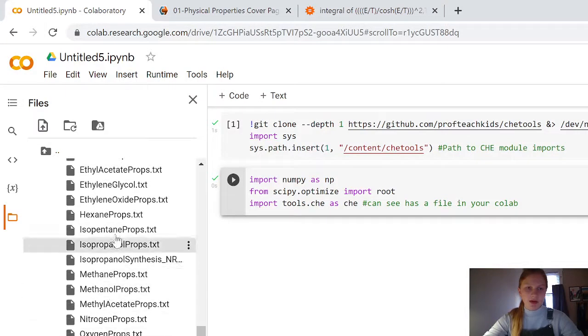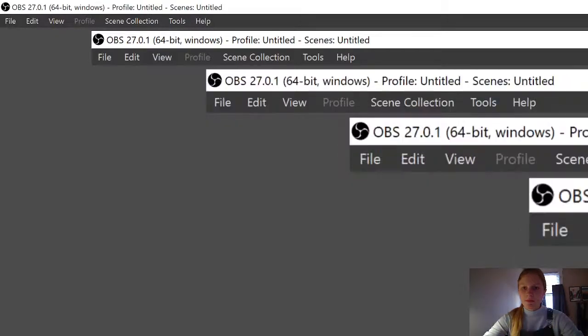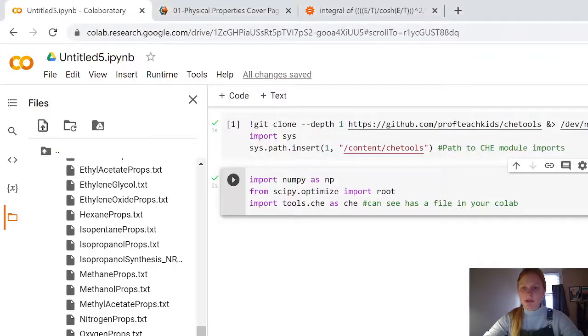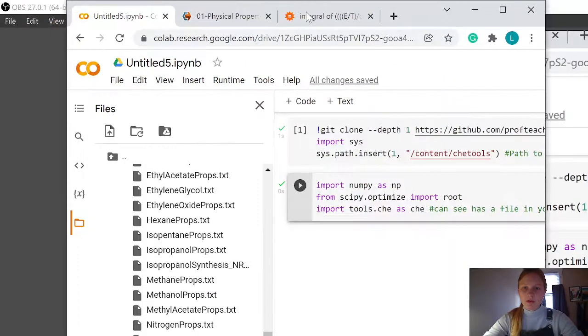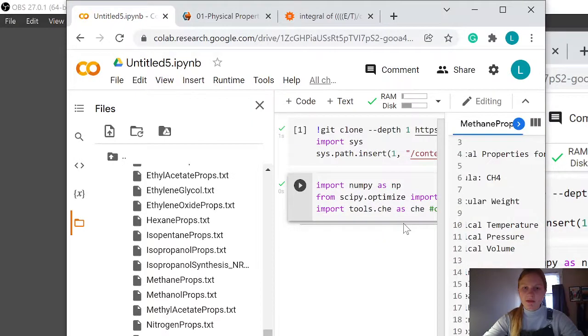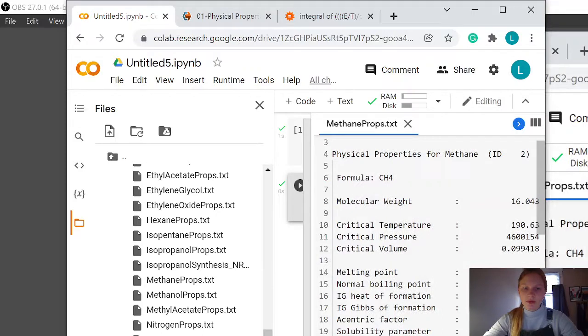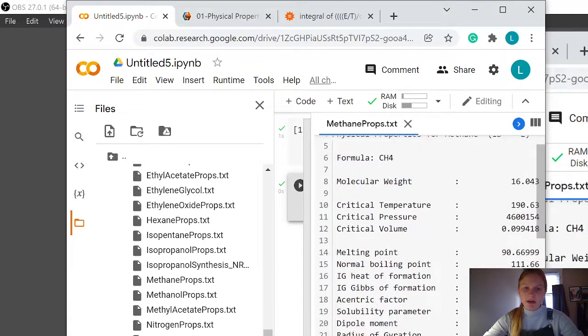So, we're going to have our methane properties, which then pops up over here. Anyways, it has all of these in here.